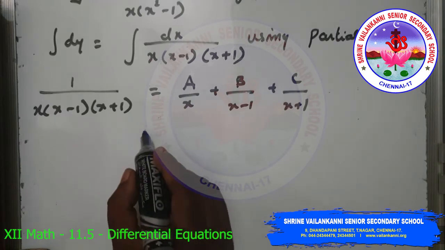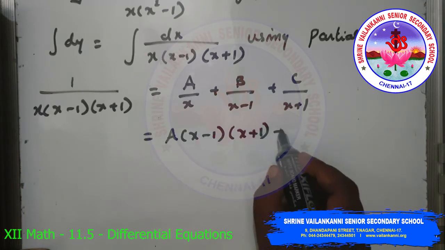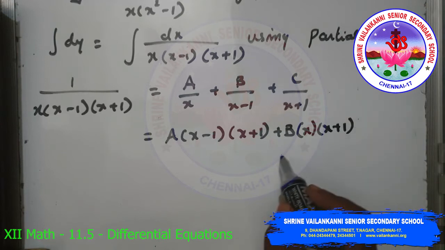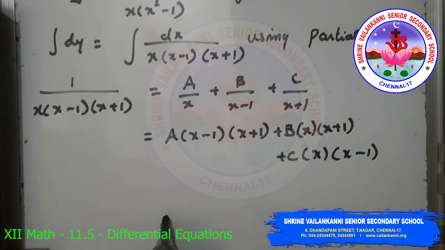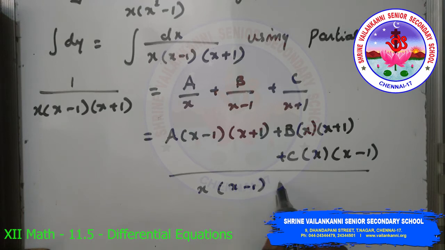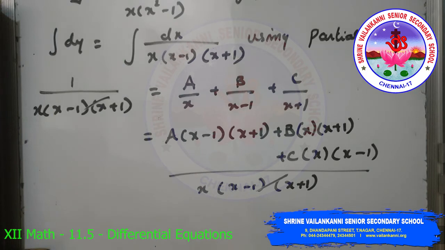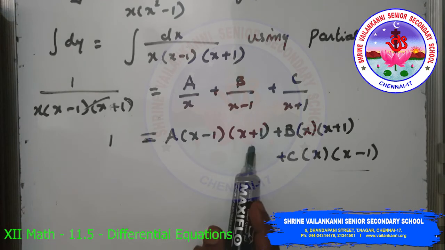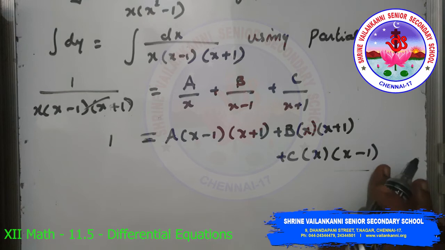Taking the LCM, a(x − 1)(x + 1) + b·x(x + 1) + c·x(x − 1), the whole divided by x(x − 1)(x + 1). Cancelling the denominators on the left and right hand side, we have 1 = a(x − 1)(x + 1) + b·x(x + 1) + c·x(x − 1).